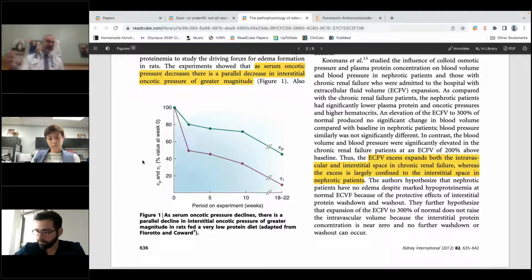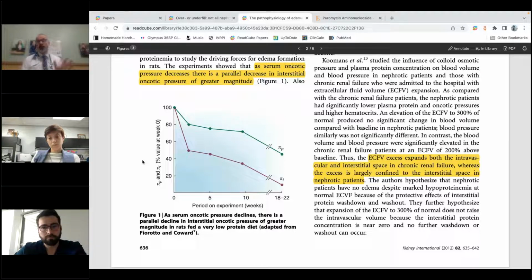One of the big things I bring up over and over again to my interns when we talk about edema and fluid accumulation is we don't see pulmonary edema in patients who have subcutaneous edema, ascites, everything that's not due to heart failure. We don't typically see pulmonary edema when it's just due to a hypoproteinemic state.